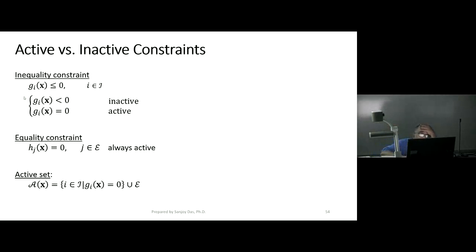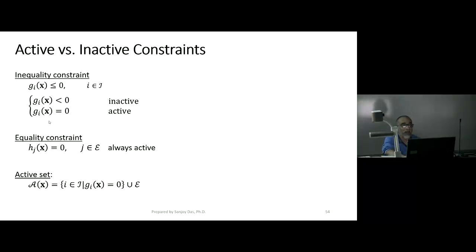When it's strictly less than 0, the point x is in the interior of the feasible region. Ignore the equality constraints for the time being. When g_i of x is equal to 0, we are operating at the borderline, the interface between the feasible and infeasible regions, and that's when we say that the corresponding inequality constraint is active.